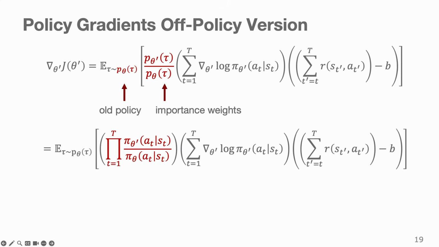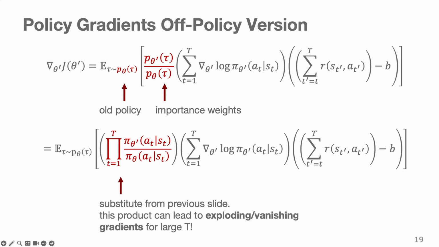If you multiply many, many numbers, if T is very long and you have many small numbers, then their product will go exponentially fast to 0, meaning that your variance will also go to infinity exponentially fast. Exactly. So this term is a little bit troublesome because it can be quite unstable, with exploding gradients and so forth.